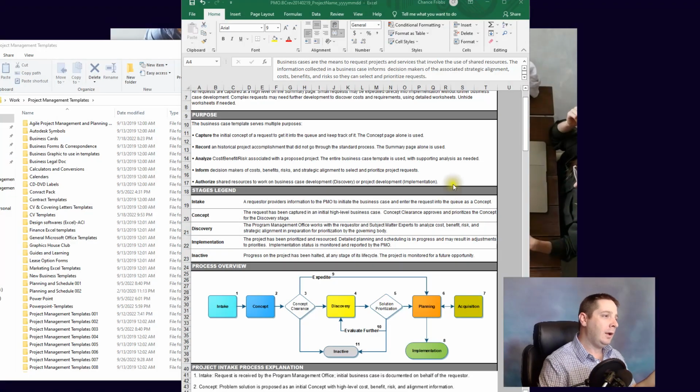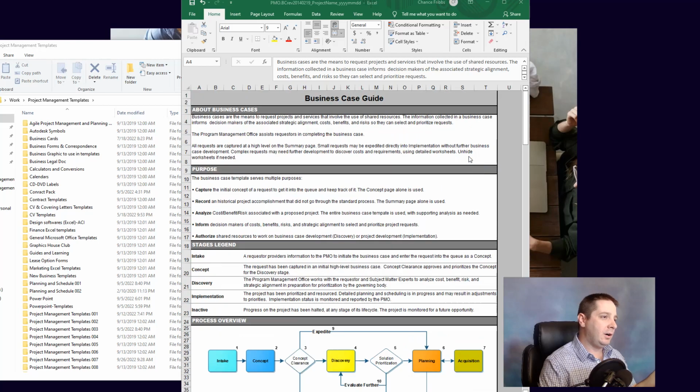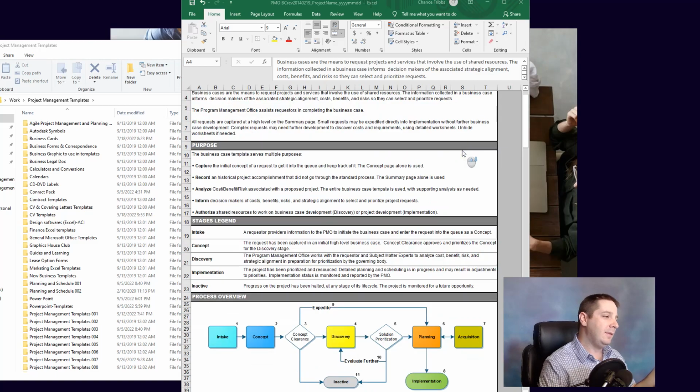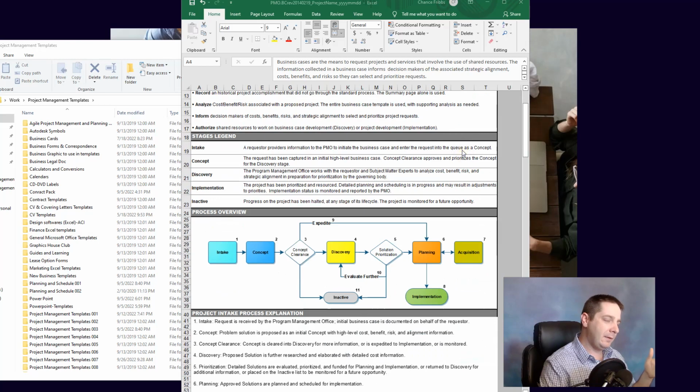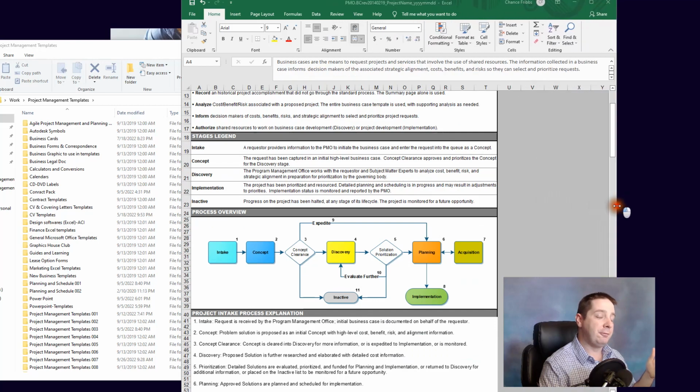Okay, all right, so we're here on a business case guide. Quite simply, I wish I had this back when I was in college, but this is what you're going to need to be able to fill out a good informational set for your professors.